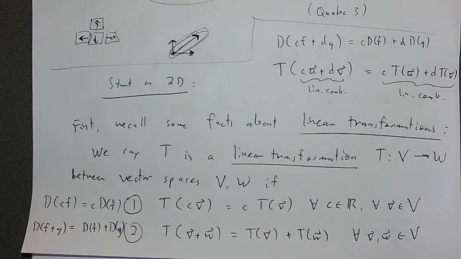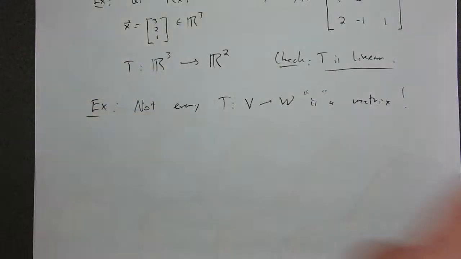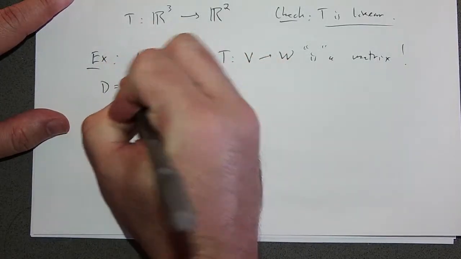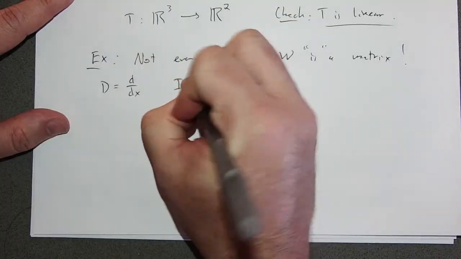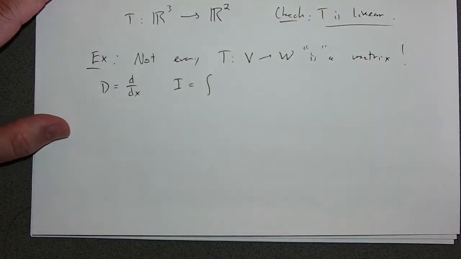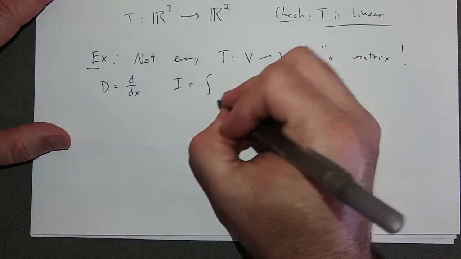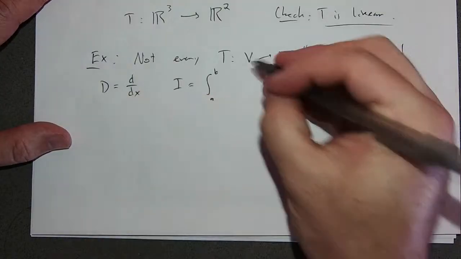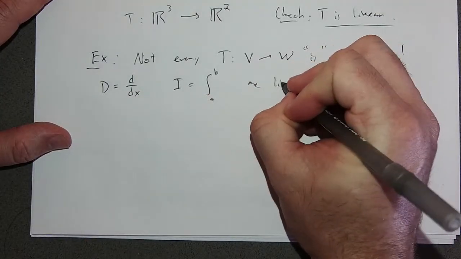You probably wouldn't say a linear transformation. You probably would say something else. And if I replace D with I, you might say something else. So what would you say? For instance, D, which is the derivative, or I, which is the integral, either indefinite or definite, doesn't matter here. I'll write it as a definite integral regardless. So what are these things? These are also linear transformations.